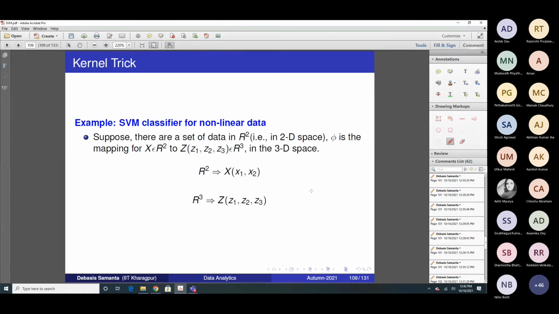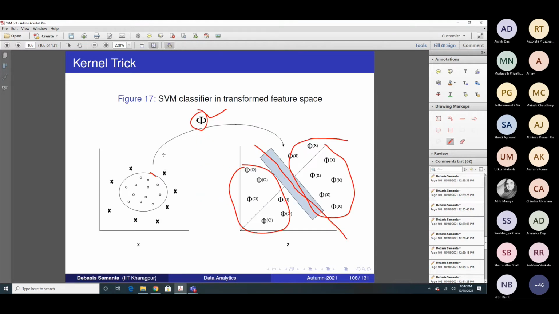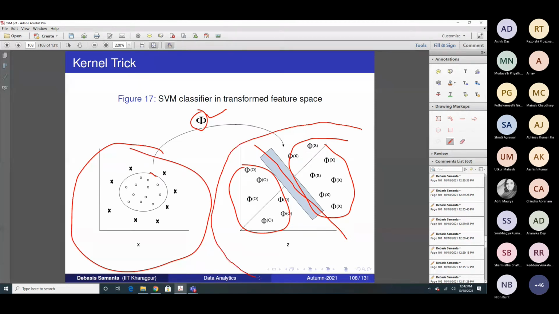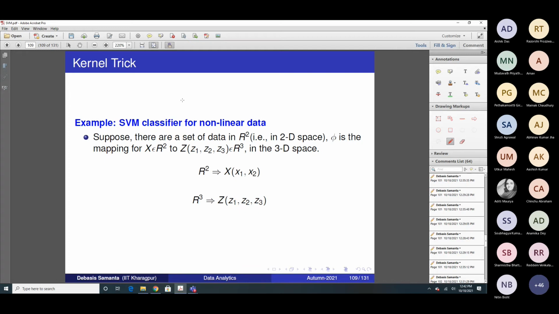Now here is an example so that you can understand this concept better, and how they are equivalent. That means this problem in the nonlinear domain and this one in the linear domain, how the two problems are equivalent so far as the kernel is concerned. Say suppose you are given 2D space data and you transform it by your kernel into 3D data.